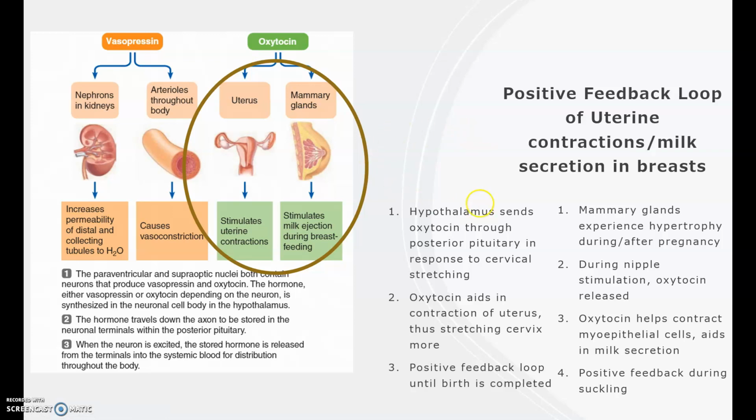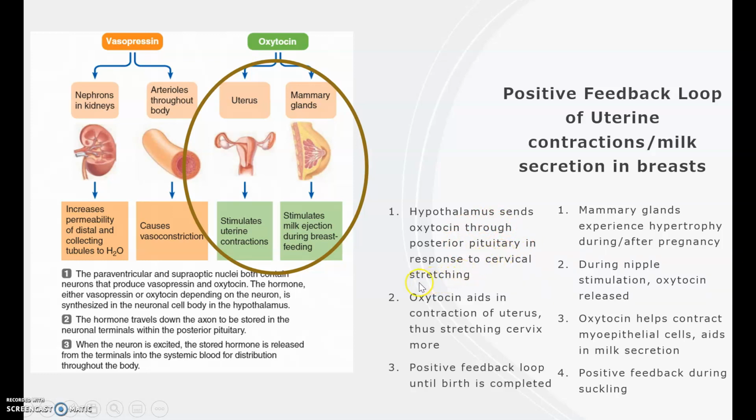But the primary way it happens is that the hypothalamus will be responding to cervical stretching, usually when the baby's crowning. Once the cervix is starting to open up, the hypothalamus will receive that message from the cervical stretching and then send oxytocin down through the posterior pituitary, once again, directly from the neurons themselves.